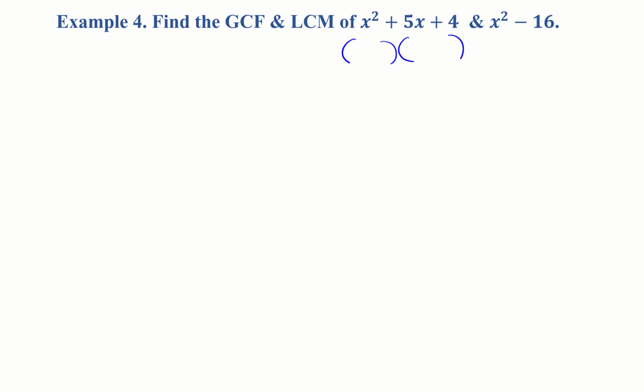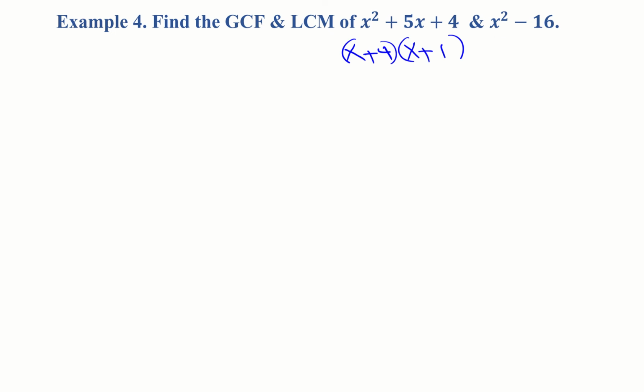We can factor it as x plus 4 times x plus 1, for instance. Or we could have put the 1 here, 4 there, makes no difference. We notice first times first is first, last times last is last. The inner product is 4x, the outer product is x, and they add up to give us positive 5x. So we factored this correctly.